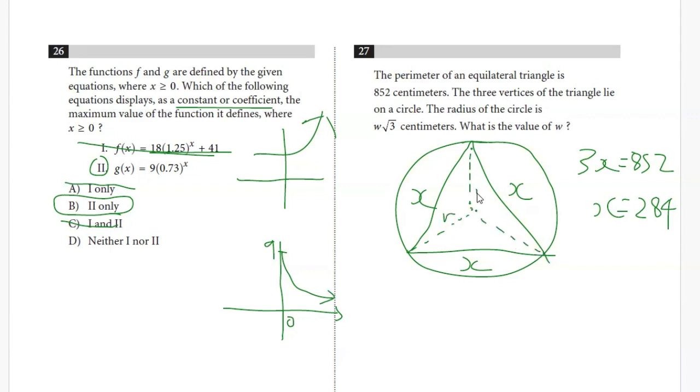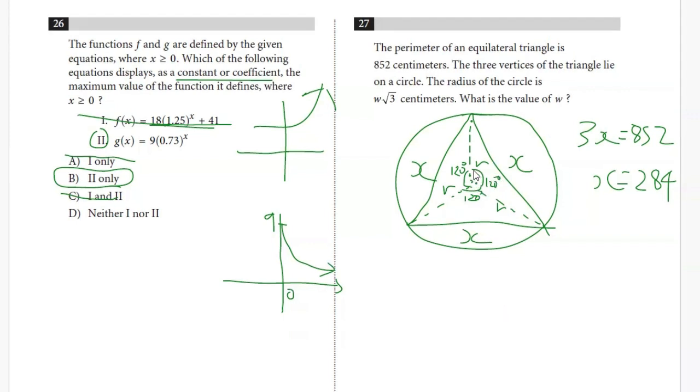So R, and because the 360 degrees is cut into three parts, it's 120 degrees here, 120 degrees here, 120 degrees here. And I'm going to cut this one more time here, and take this portion out.